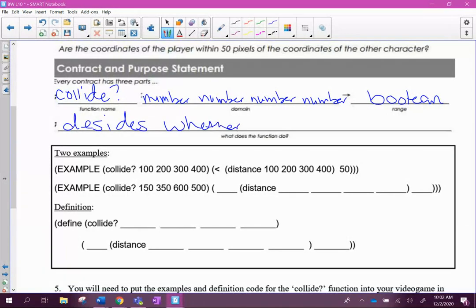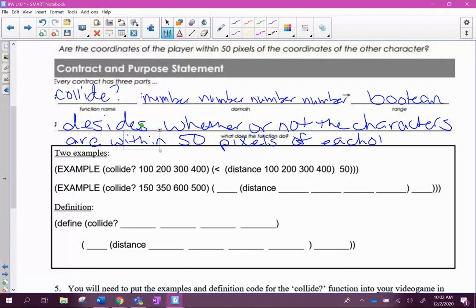So decides whether or not the characters are within 50 pixels of each other. Okay, if they are, that means it's going to give you true and they would actually be colliding.